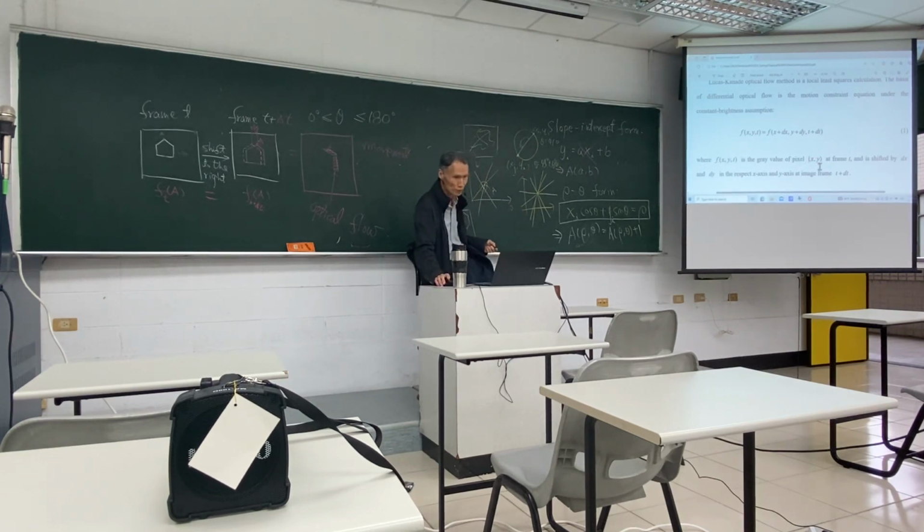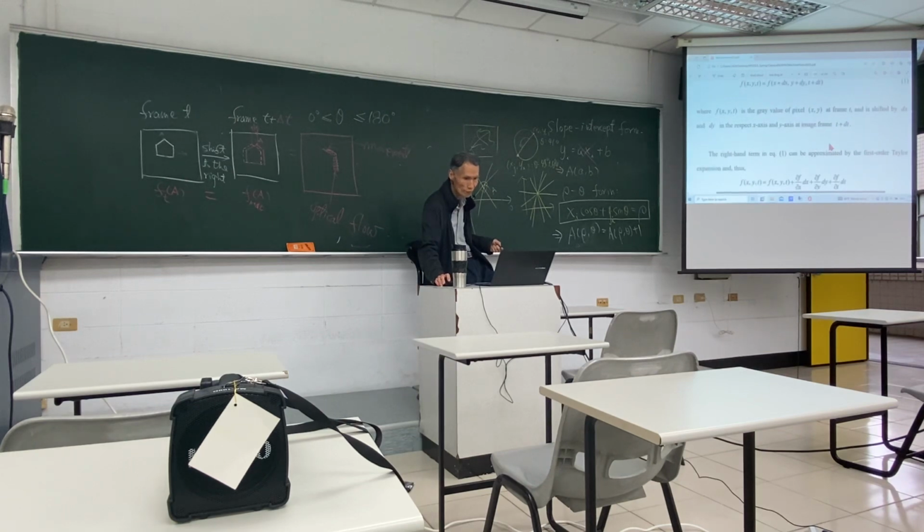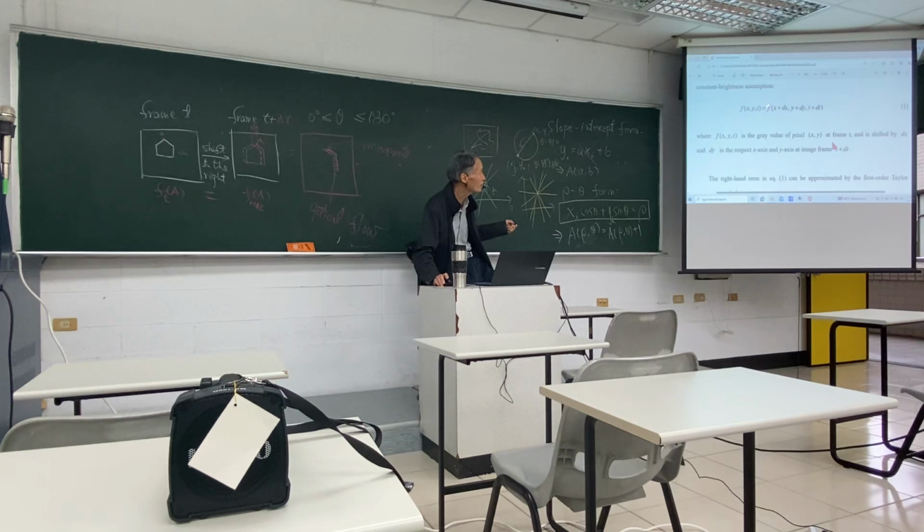Now, again, you use Taylor expansion. Remember that when we talked about Harris corner detection. Taylor expansion, let's look at it once more. We just do it for the right hand side.